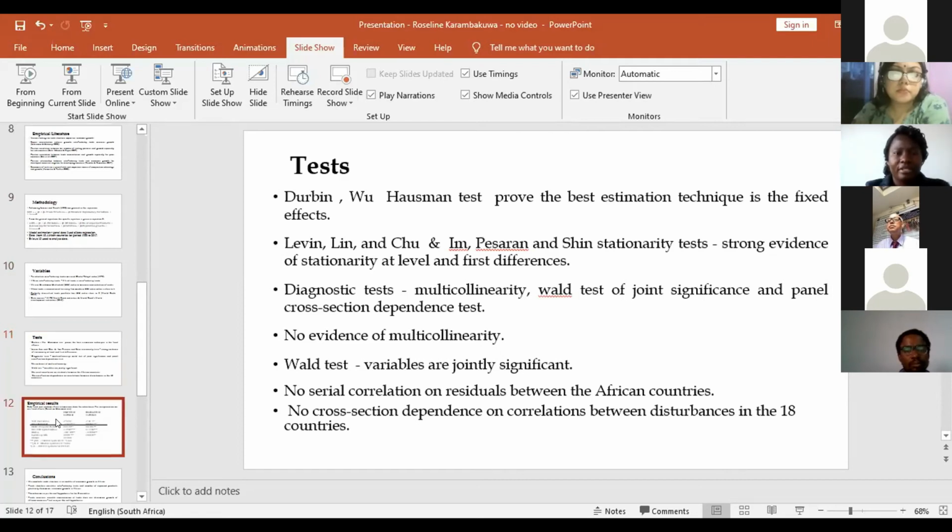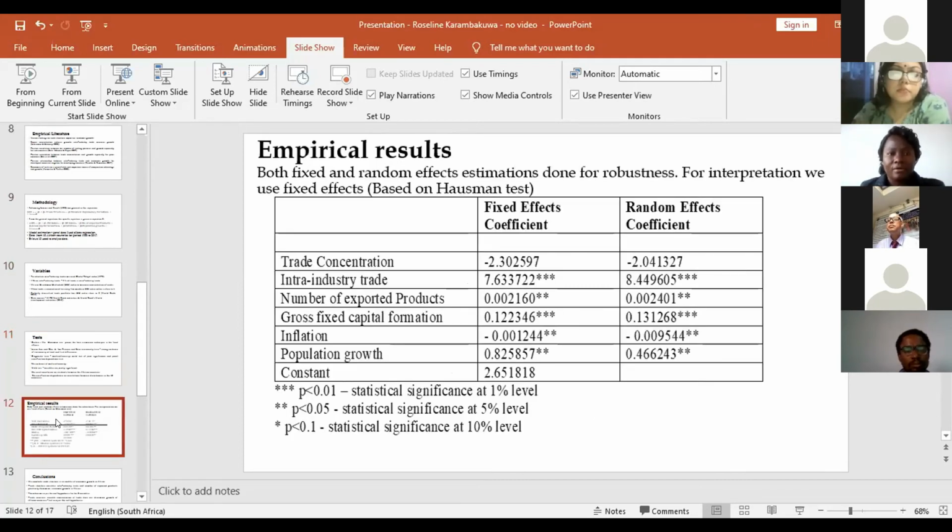between the African countries. In terms of our empirical results, to check for robustness, even though our test showed that the fixed effects is the best estimation method, we present both fixed and random effects results. But for interpretation, we use the fixed effects results. So as shown here, our results indicate that trade concentration is not significant.